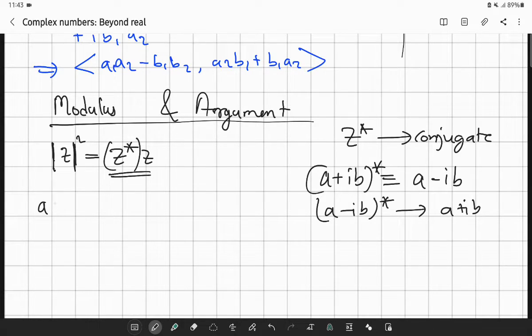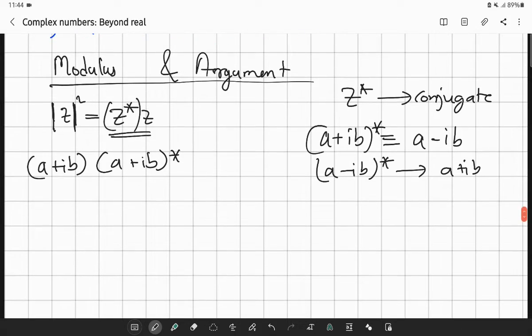So if I have z equals a plus ib, and I take the conjugate, one thing you have to notice is that just like dot product, if I have a dot b and b dot a, they're equal. This is one of the properties of dot product, and this is even true for conjugation. So the vector analogy makes even more sense now.